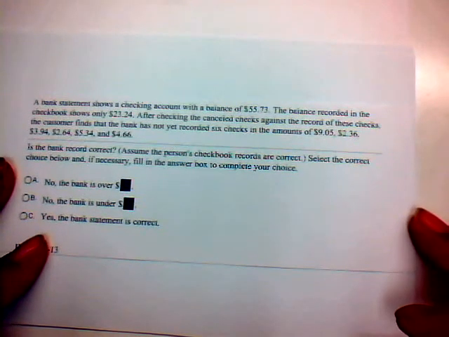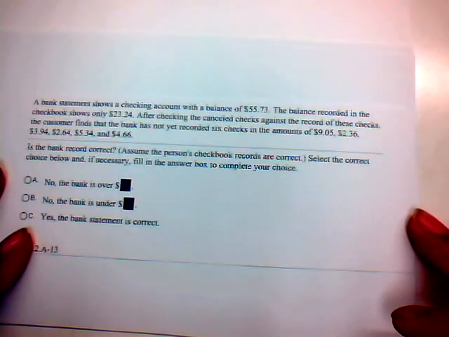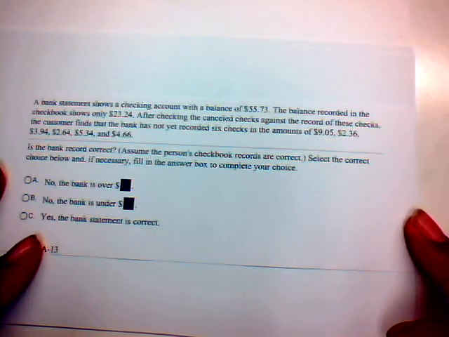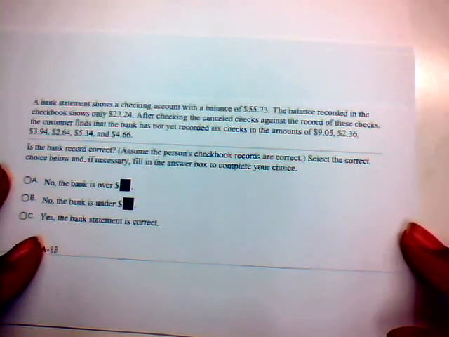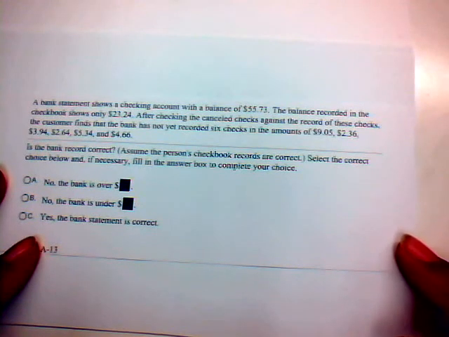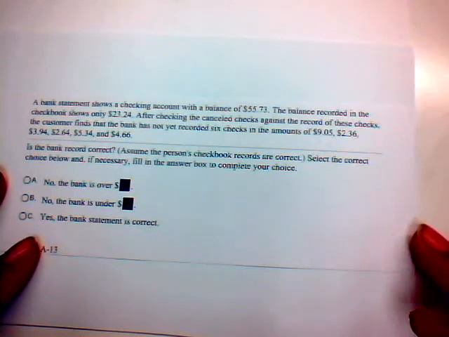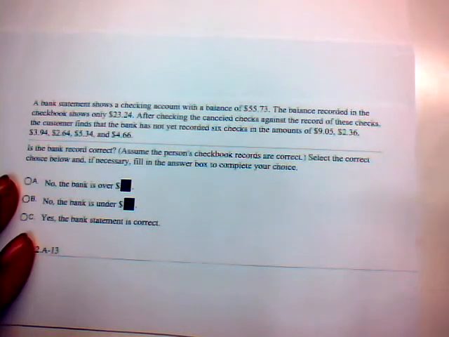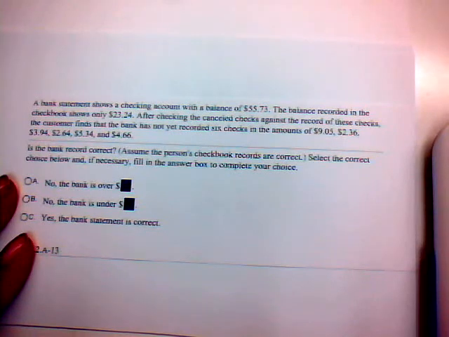After checking the canceled checks against the record of those checks, the customer finds that the bank has not yet recorded 6 checks in the amounts of $9.05, $2.36, $3.94, $2.64, $5.34, and $4.66. Is the bank record correct?